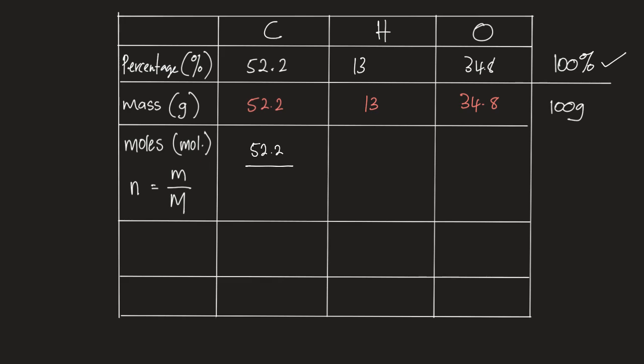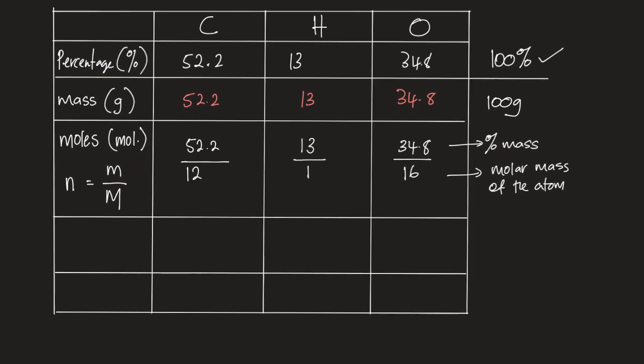Now my molar mass of carbon is 12. Okay, sort it out. Hydrogen, it's 13 divided by 1. Okay, and oxygen is 34.8 divided by 16. Okay, so what I've got here is my percentage mass, divided by the molar mass of the atom.